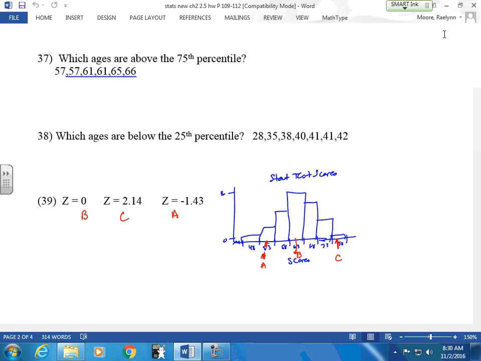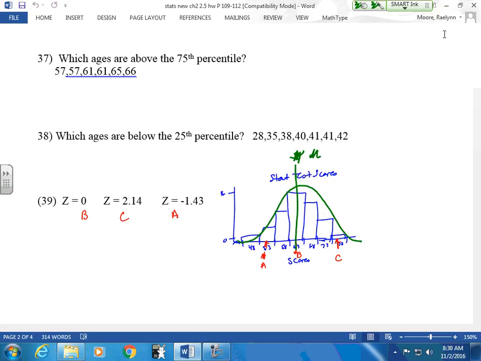Then you have 39. So I was just asking you to figure out where your z-scores would be. If you think of this as your normal curve, where is your mean, median, and mode? Smack in the middle.